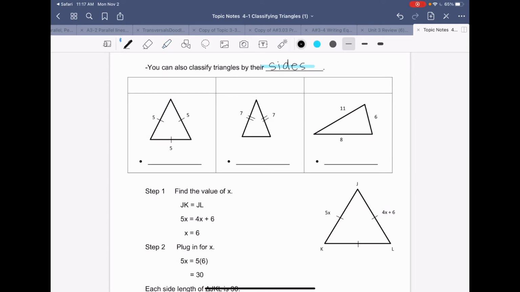So this first one, notice how every side length is 5, but also that these tick marks tell us congruence. So tick marks show congruence. Let's remember that. Okay. So because all of those sides are the same, this one is an equilateral triangle.